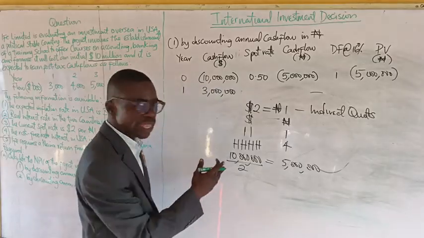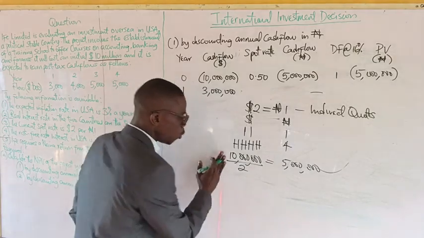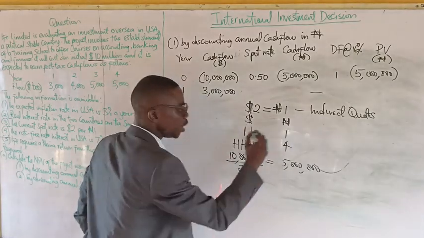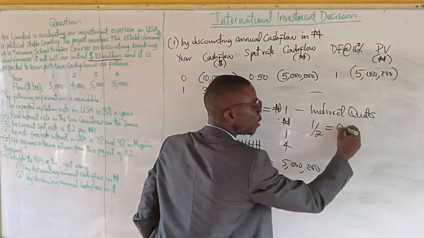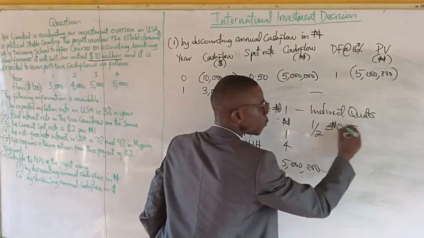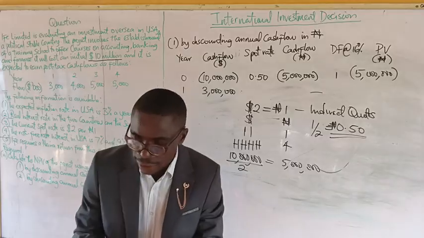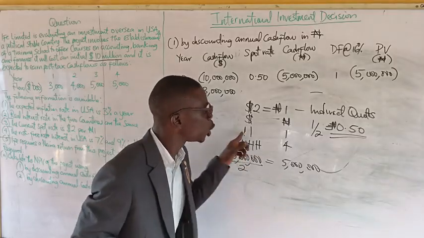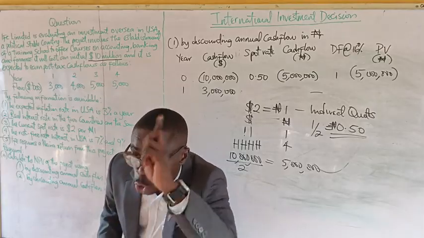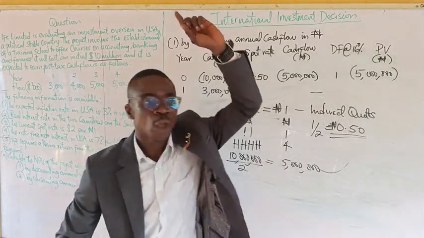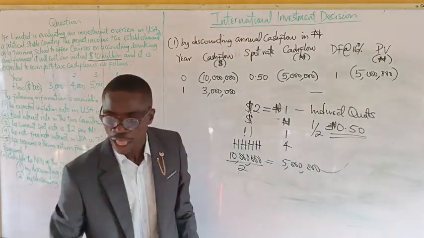But in exchange rate, you have to know the rate per 1. So if it's 1, just divide 1 over 2, which gives you 0.5 naira. That means in this interpretation, $1 is equivalent to 0.5 naira.